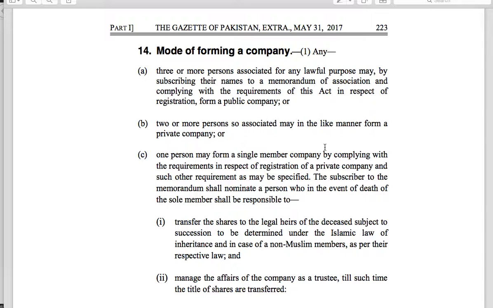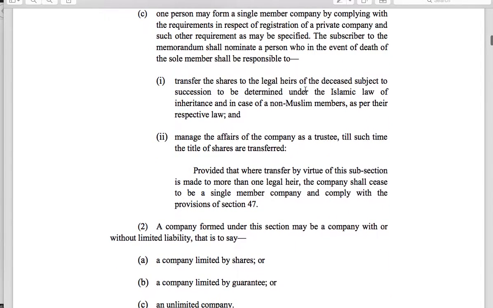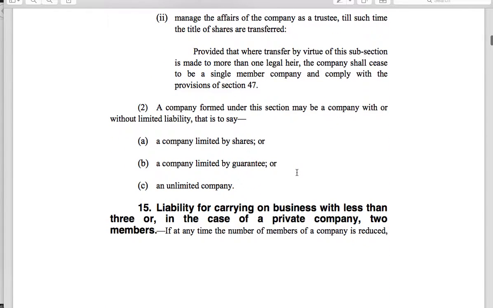These are different types of companies. Three or more persons can open a public company. Two or more persons can open a private company. One person can form a single member company, and then a few more details.